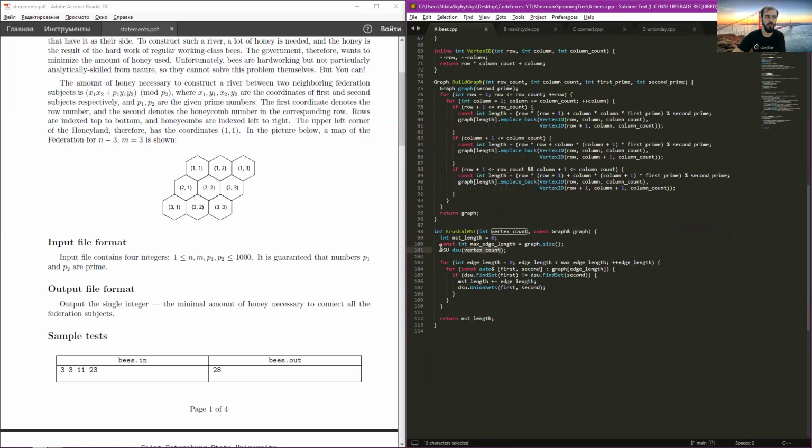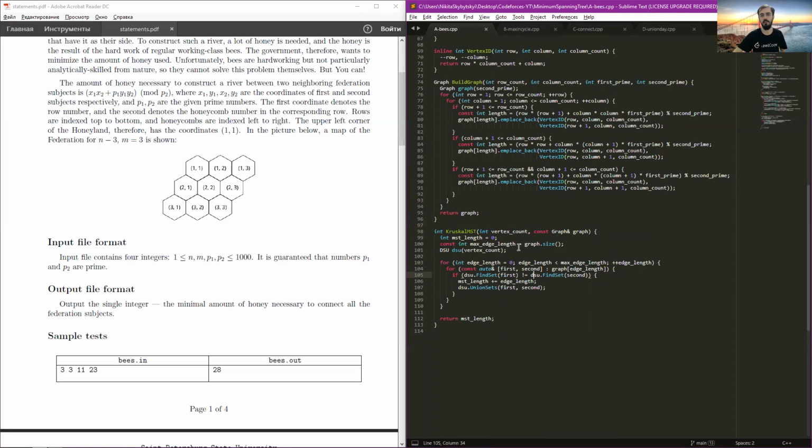Now I create this disjoint set union. Then I loop over edges in increasing order of length, and I check whether or not this edge connects different components. If it does, then I take it into the MST. In this case, I'm only concerned with the length, so I add the length, and I unite sets, and that's it. That's it for Kruskal's algorithm.